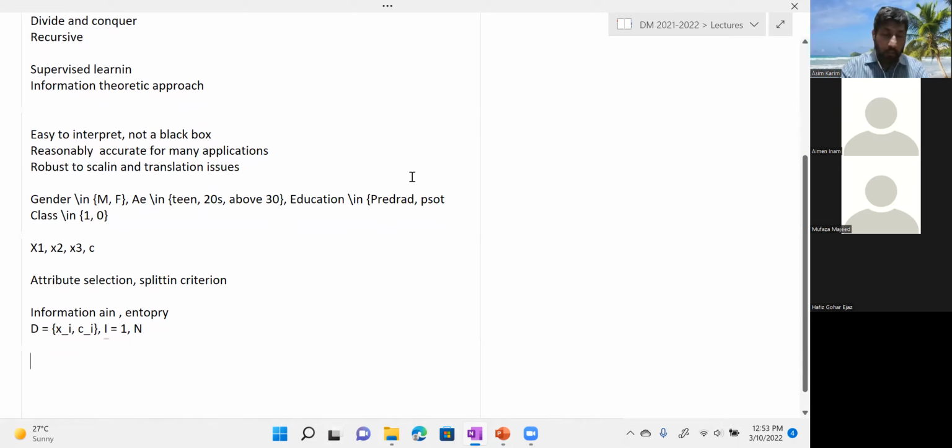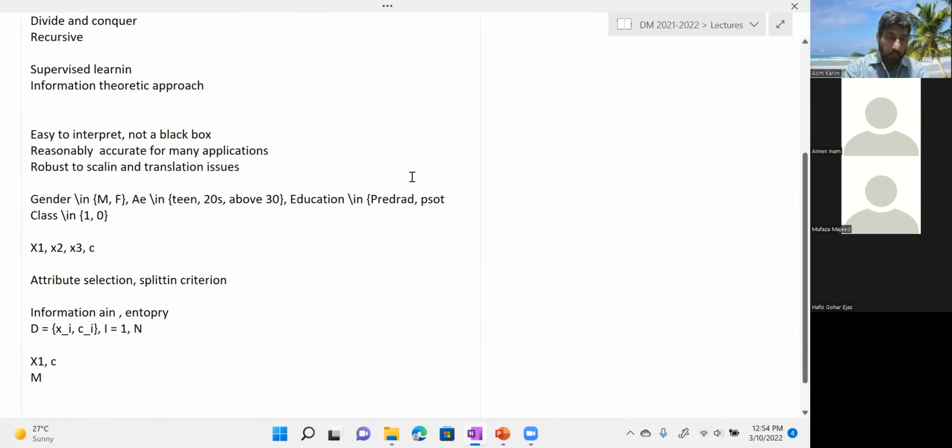All right, so let me take a quick example and show you how this is computed. So let's say we have the data set D, and from the data set, we have some values for X1, and we have the class label as well. So let me just write some, so we are writing X1 and C, just X1, which is gender.